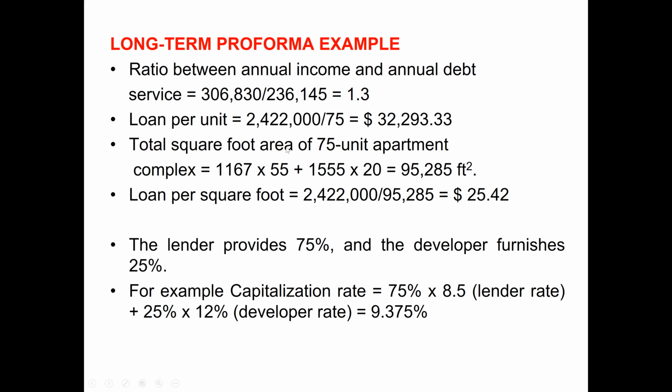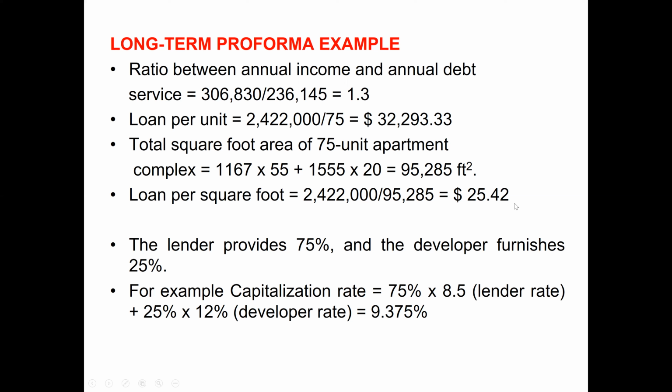For the total square footage of the 75 apartments, 55 apartments have an area of 1,167 and 20 apartments have an area of 1,555. So the total area becomes 95,285 square feet. We divide the total loan by the square footage, so the loan per square foot is 25.42.